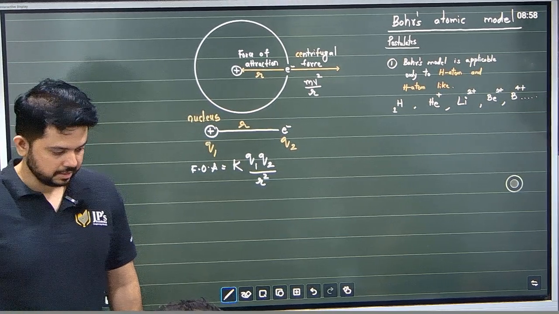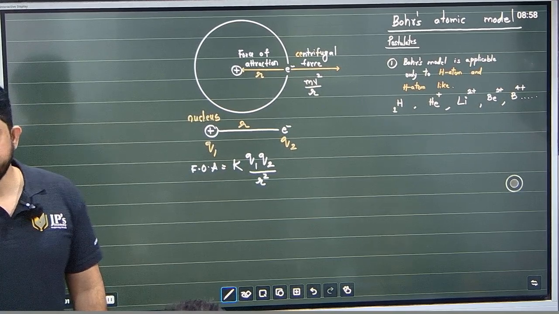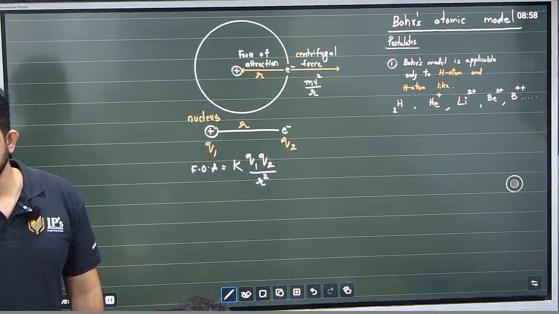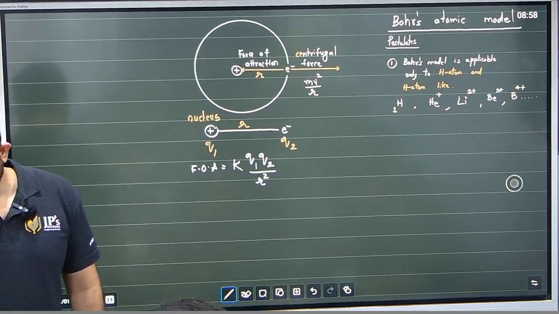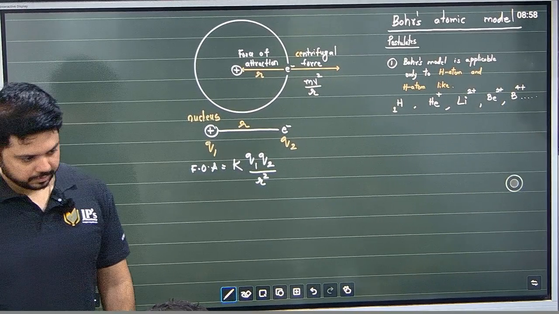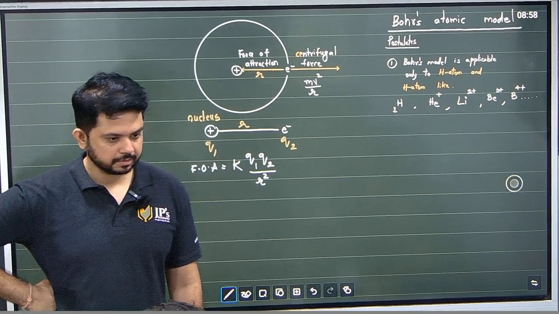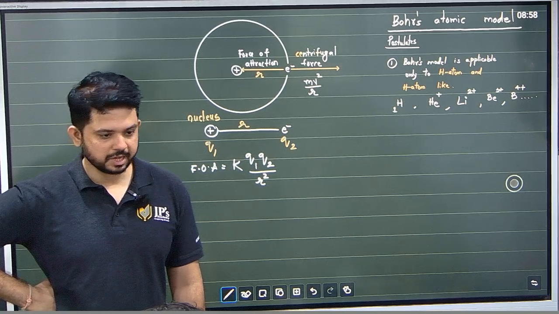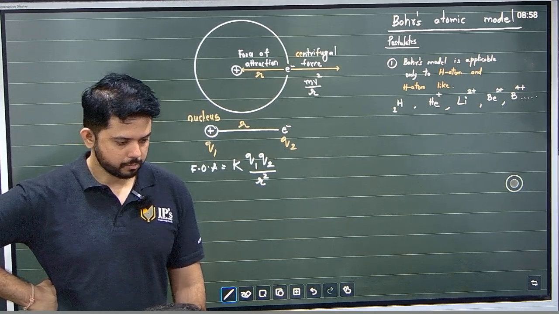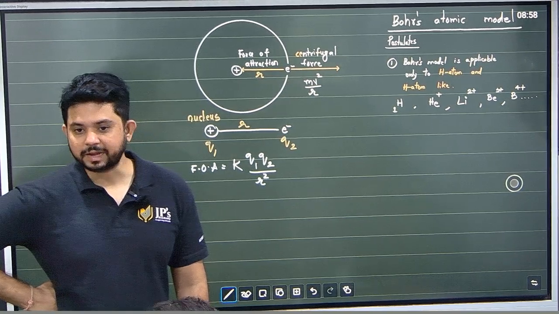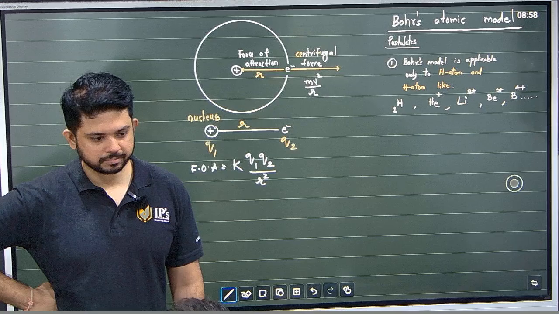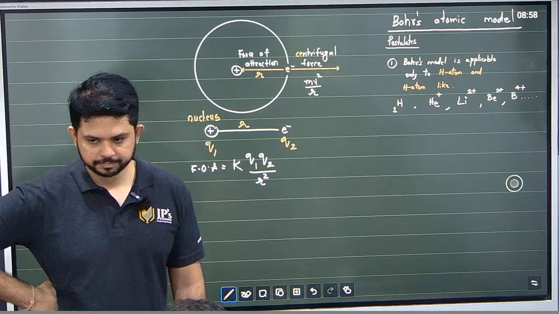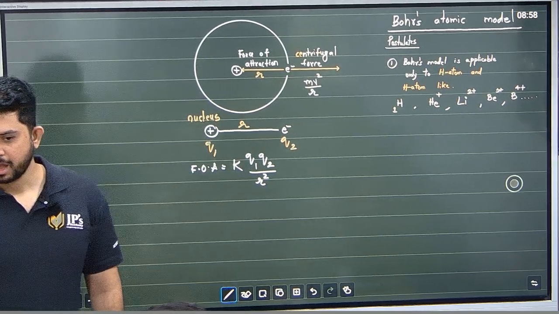Excellent. What did we write the charge on the nucleus? How much did we write nucleus pe charge? In terms of atomic number, how much did we write the charge?